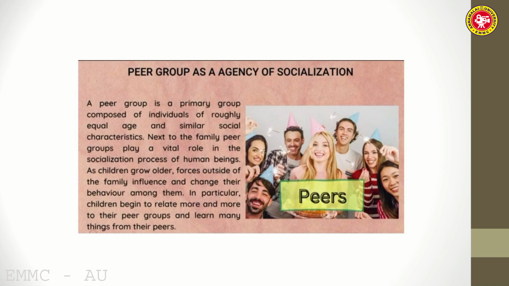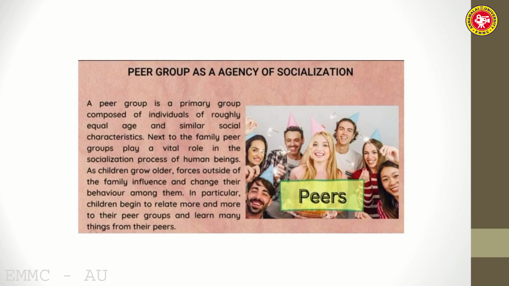The second one is peer group as another agency of socialization. The peer group is a primary group composed of individuals of roughly equal age and similar social characteristics. Next to the family, the peer groups play a vital role in the socialization process of human beings.